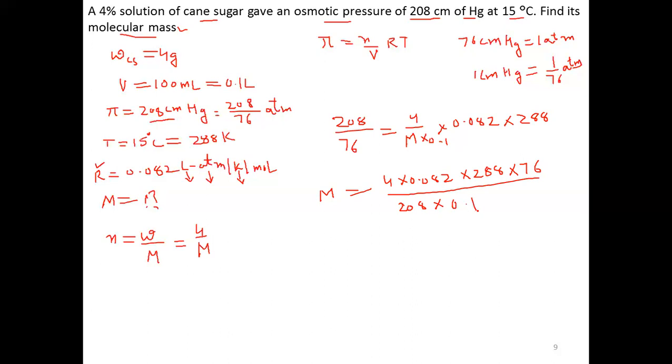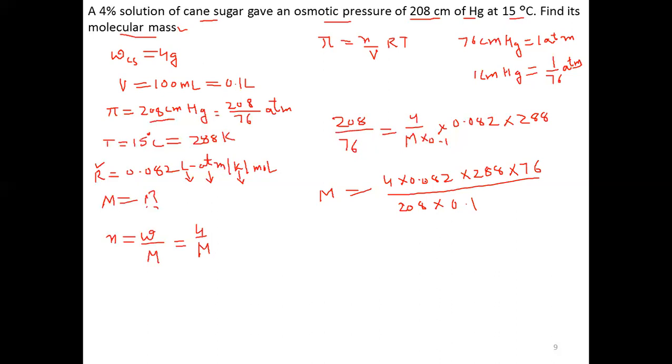Now we can easily solve it. So 208 into 0.1 means 20.8. So we have 4 into 0.082 into 288 into 76 divided by 20.8.